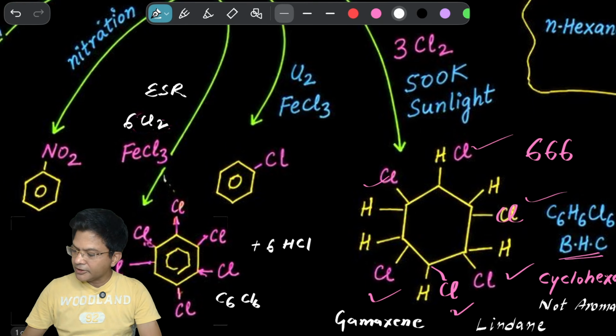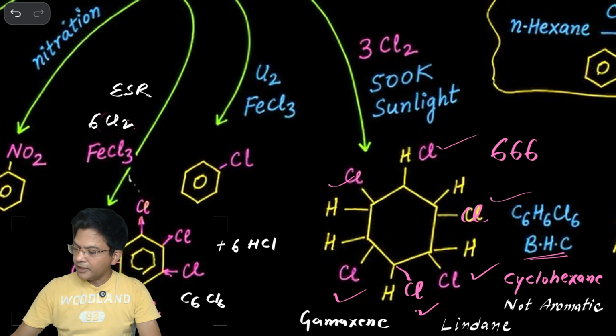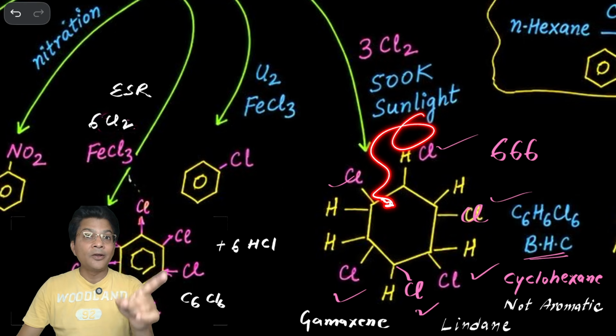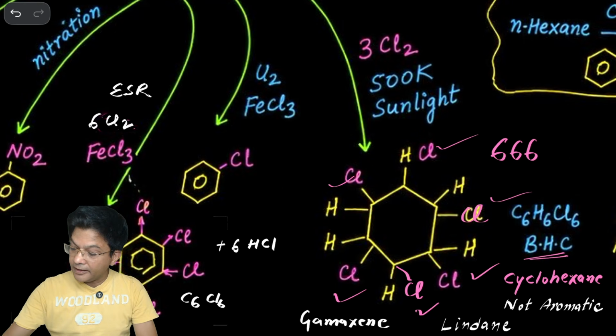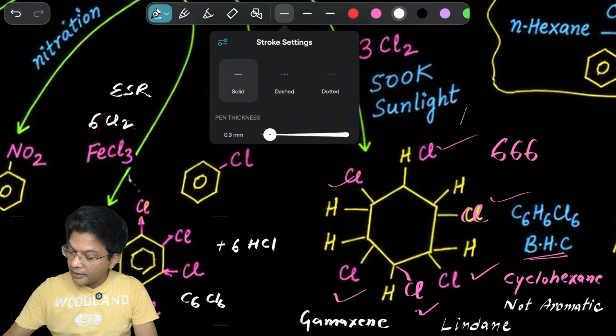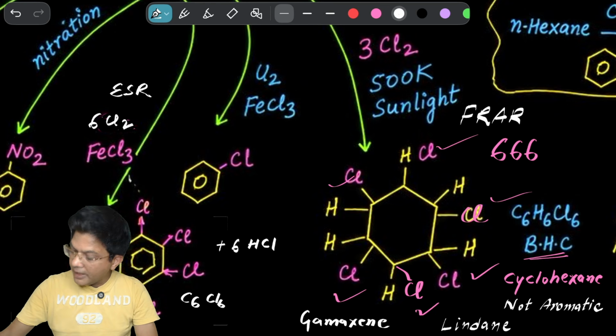And that reaction, just see, this was your addition reaction. The Cl got added in place of the double bond. So I will say free radical addition reaction. My dear students, remember that it is a free radical addition reaction.